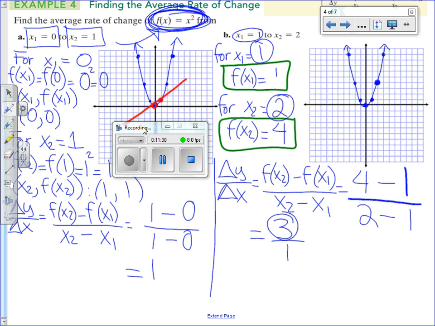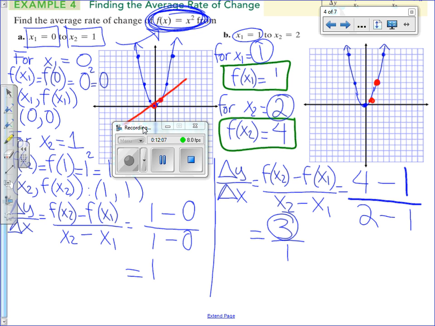Our answer here was 1. Okay, so I would like to draw the secant line, and consider now we're using this point here, and also, no, I'm sorry, we're using (1, 1) and (2, 4).